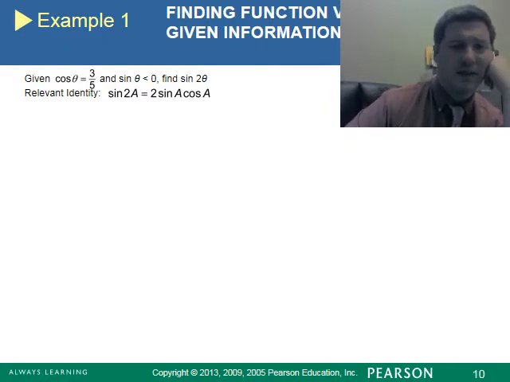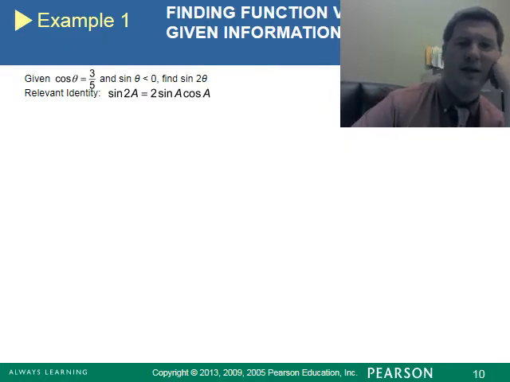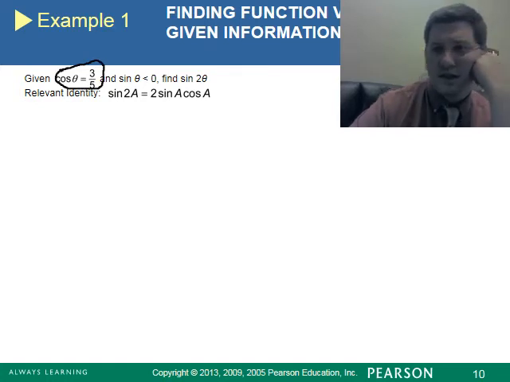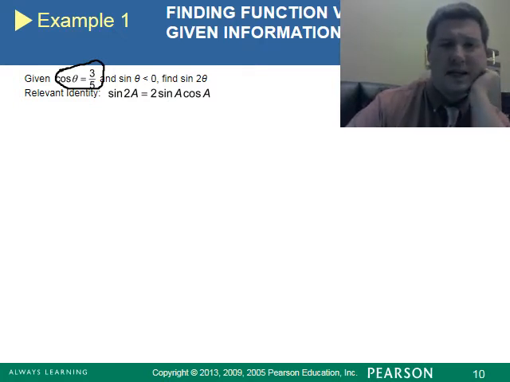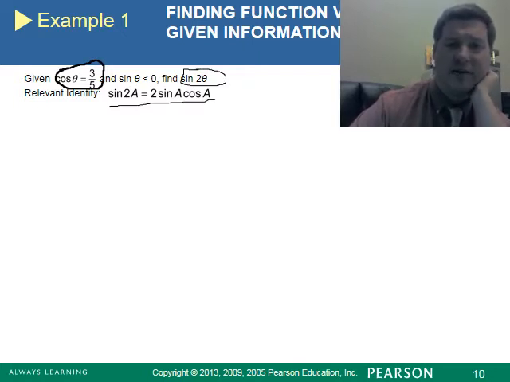So here's that kind of example. We're given one of these values, cosine of theta is 3/5. Can I get a finer pen? Yes, I can. And it asks us to find the sine of double that angle. So I've got that relevant identity right here for us.